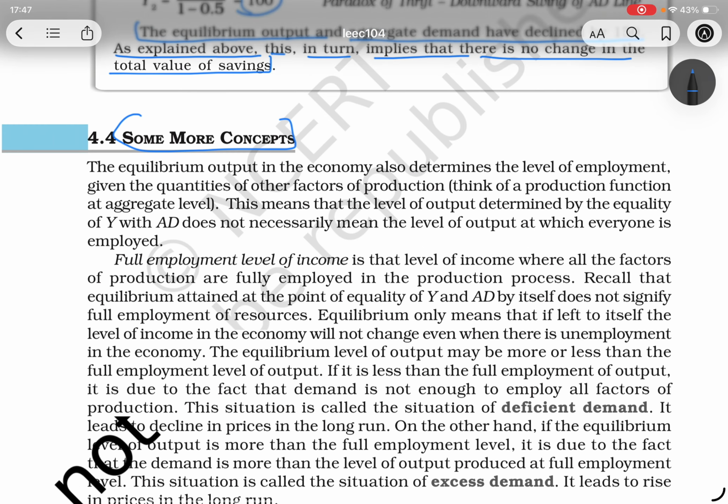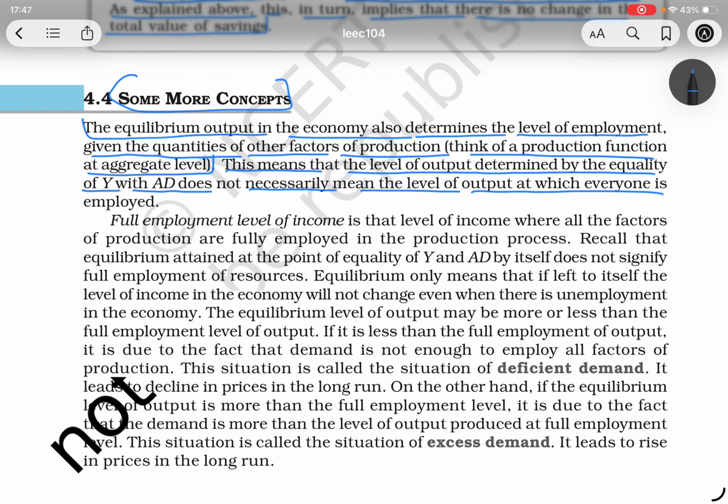Some more concepts. The equilibrium output in the economy also determines the level of employment, given the quantities of other factors of production. Think of a production function at aggregate level. This means that the level of output determined by the equality of Y with AD does not necessarily mean the level of output at which everyone is employed.